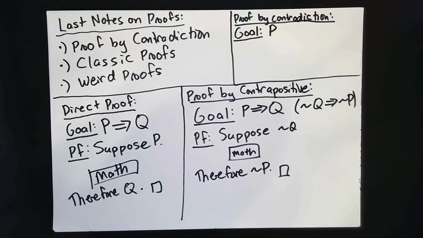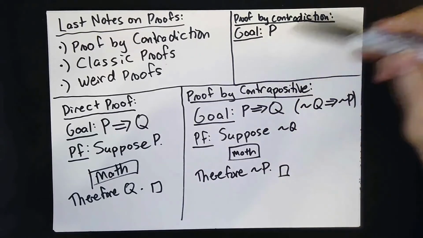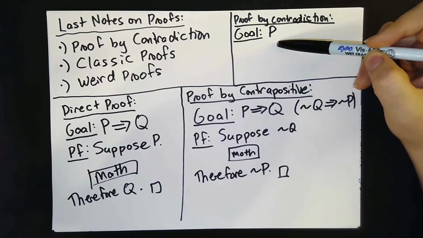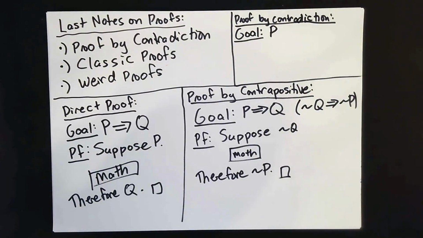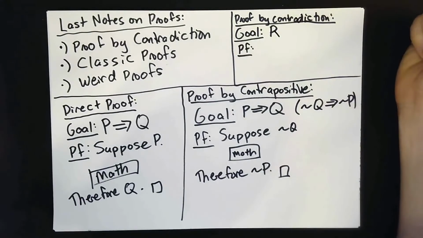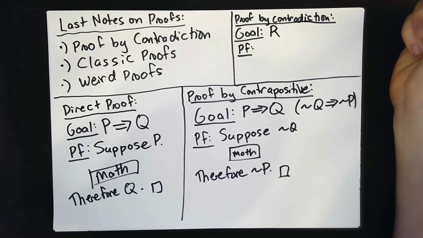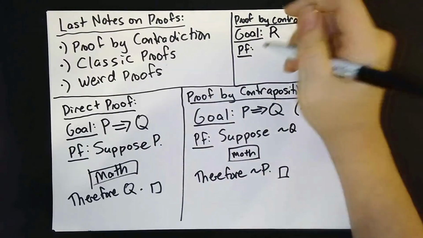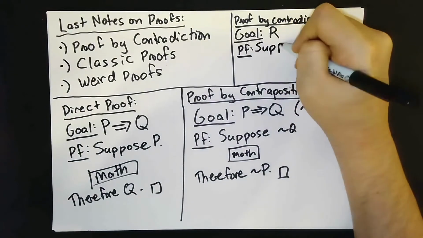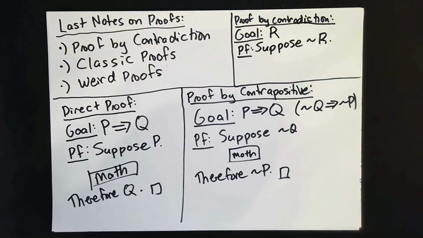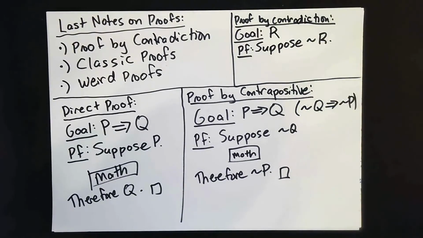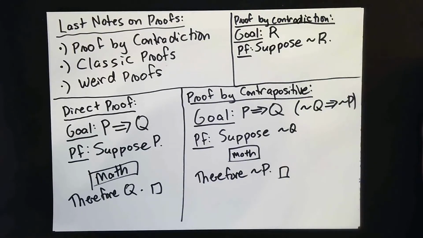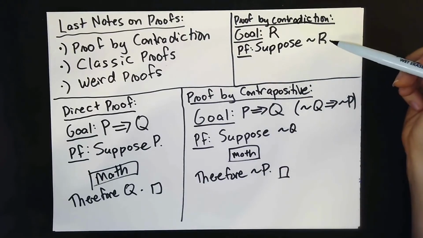Unlike direct proof and proof by contrapositive, proof by contradiction does not require you to be proving an implication. Proof by contradiction can theoretically work for anything you want to prove. What does the proof look like, though? Well, if the thing I'm proving is R, then the proof starts, rather bizarrely, with suppose not R. So again, if I specifically want to prove a particular statement, I start a proof by contradiction by supposing that that thing is false.